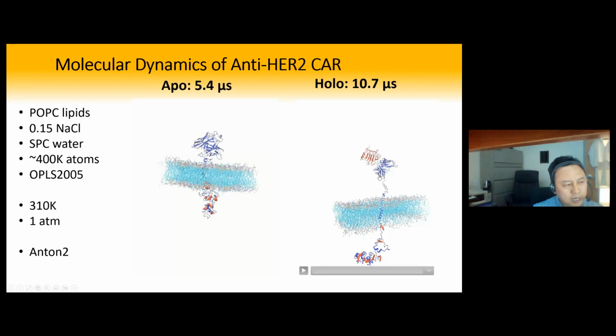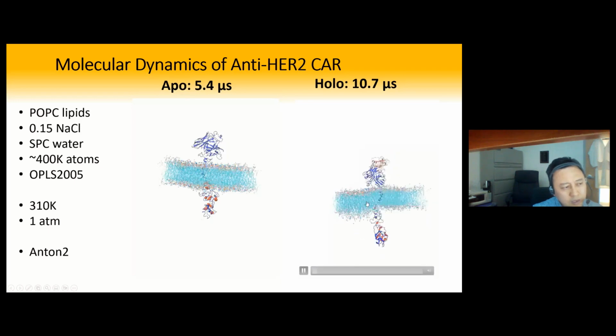However, when this binds, it changes. So now this part becomes fixed, and this part becomes flexible. Well, this is good because this allows the kinase to come in, bind to this site, and do phosphorylation.